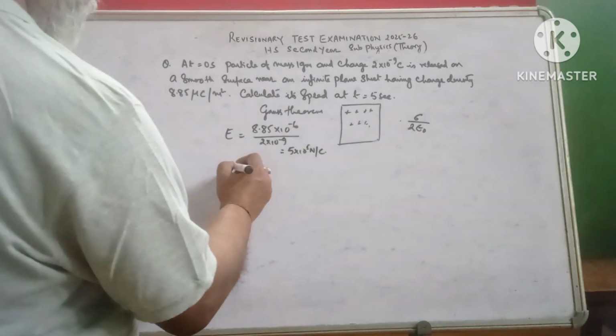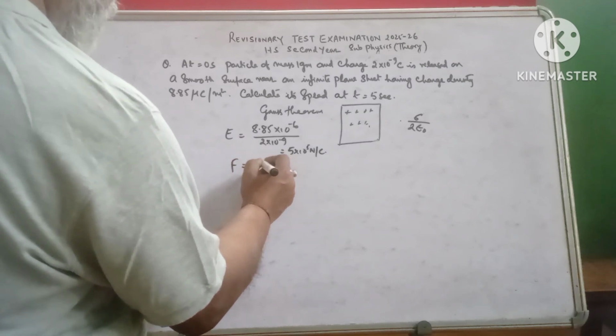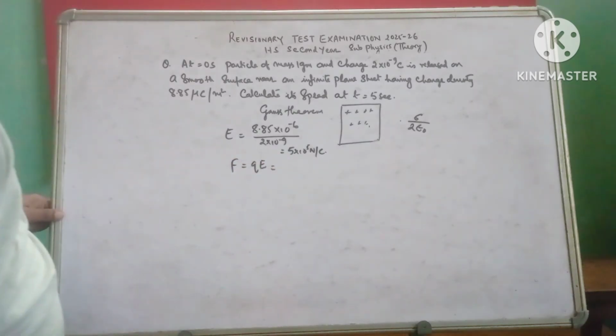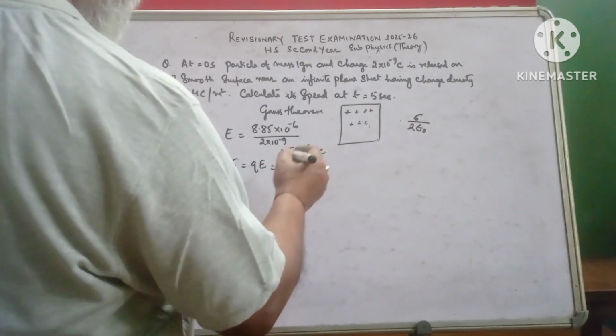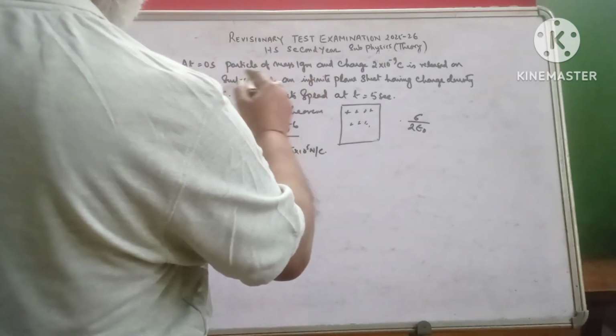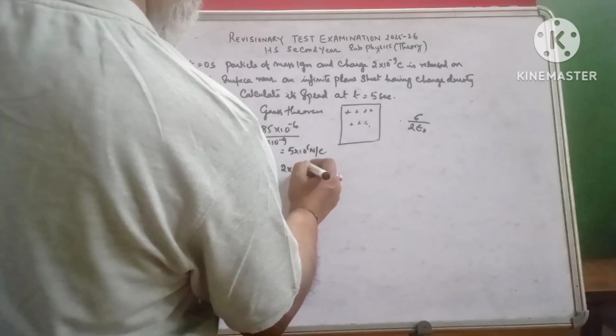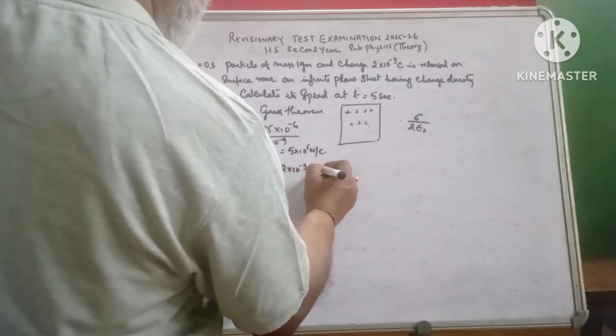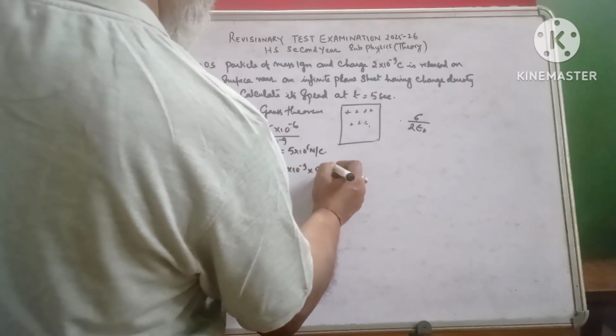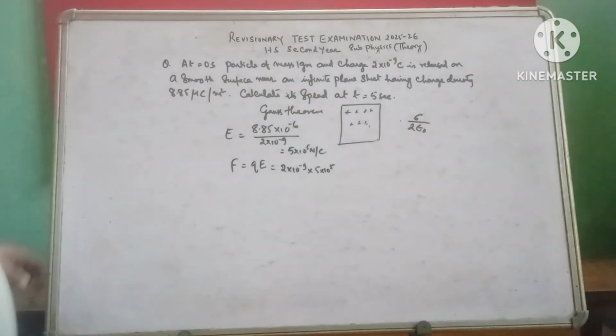And F is equal to Q into E. The charge given to you is 2 into 10 to the power of minus 9, and the electric field is 5 into 10 to the power of 5 Newton per Coulomb. So this comes out to be 10 to the power of minus 3 Newton.